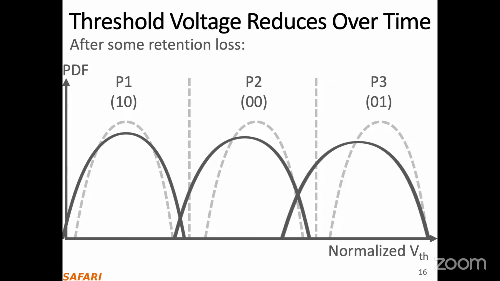You could just work out which reference voltage you need to use, and probably you wouldn't have many errors. But in reality, they are also widening, and at some point they will cross each other, and you will have a section where you will have errors.